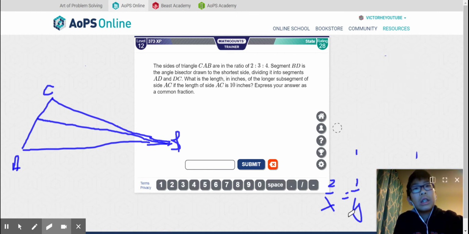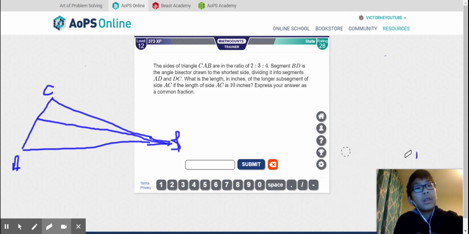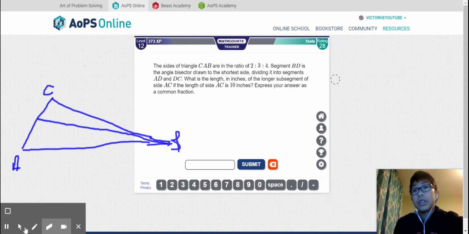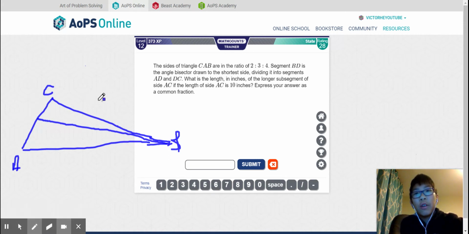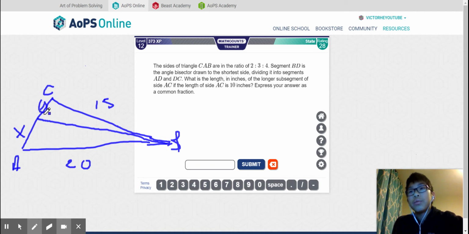So it says the sides of triangle CAB are in the ratio 2, 3, 4. And we know that AC, the shortest side, is 10. So then this is 15, and this is 20, right? And this is x, this is y. Obviously, this is exactly what I just showed the angle bisector theorem was.